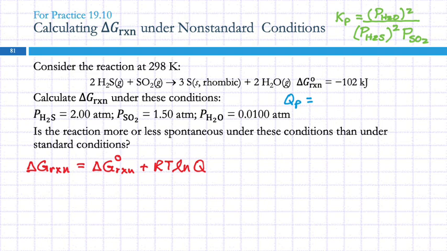So the pressure of H2O is 0.0100, and that's going to be squared.